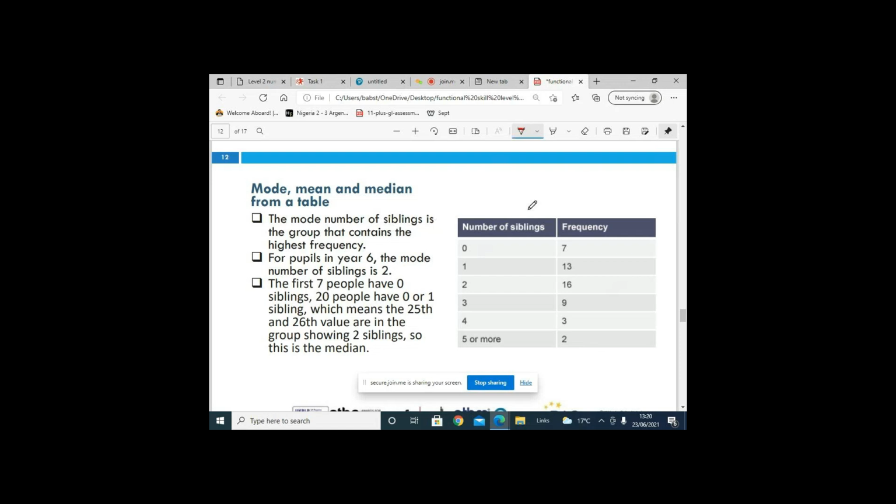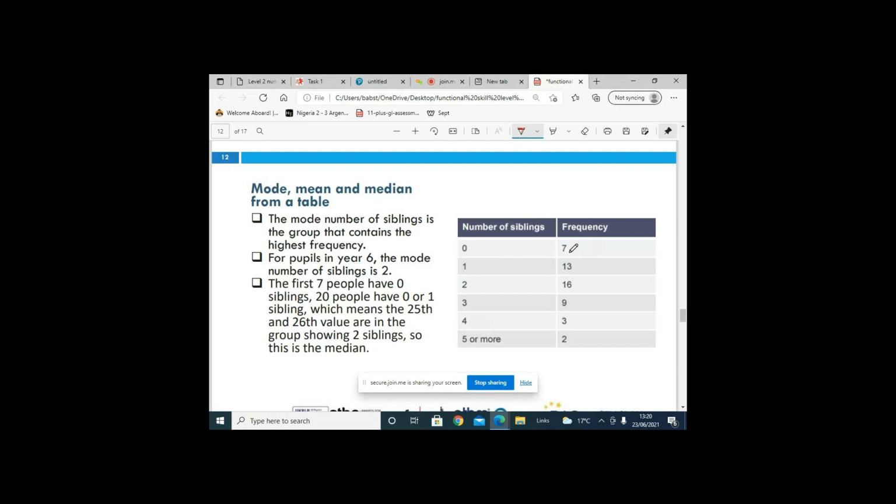So if you have this frequency table, you will realize that it's not direct to the one we did initially. When you want to put something in a frequency table, for this number of siblings, the frequency is how many times the 0 occurs in the data.